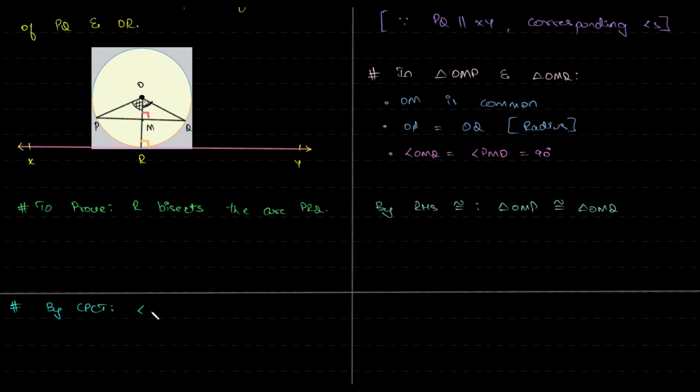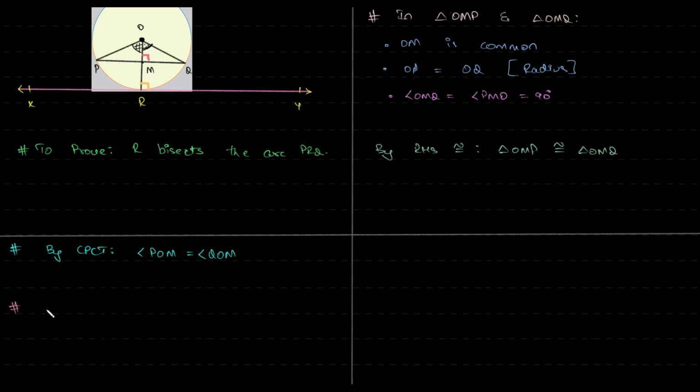we have angle POM equal to angle QOM, right? And so we can write the statement that therefore arc PR, see this represents an arc. Instead of writing the word arc, you can just write PR, whatever you guys want, and put a curved line, and this is RQ. So why are these two equal?